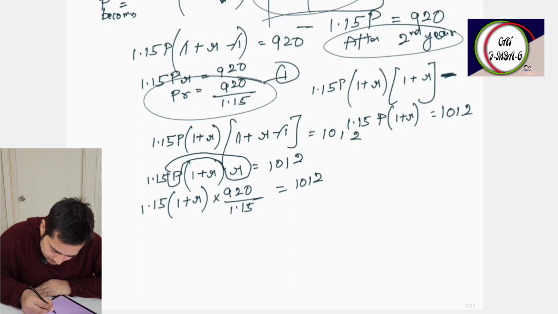From here 1.15 gets cancelled. So 1 plus R is equal to 1012 by 920.